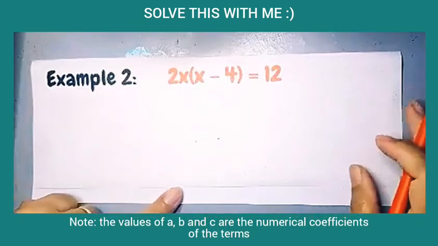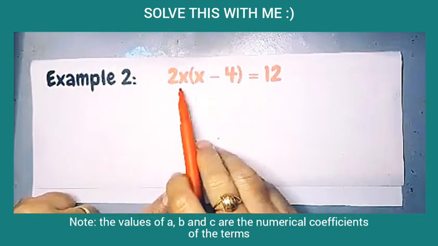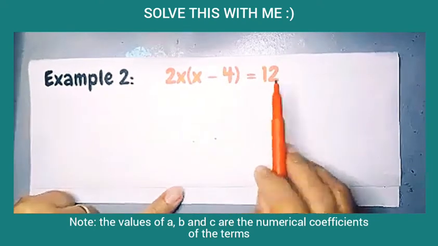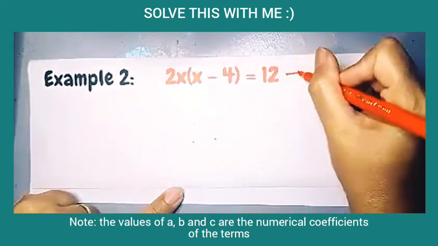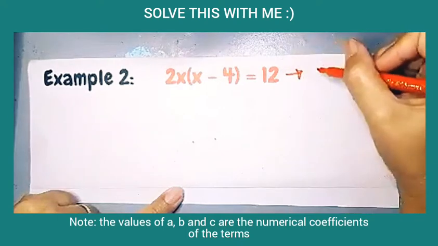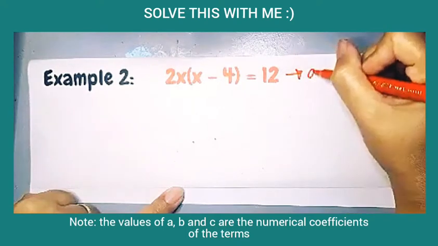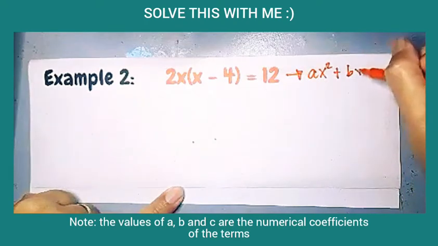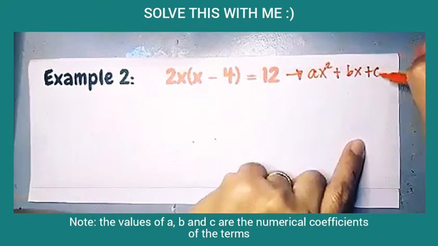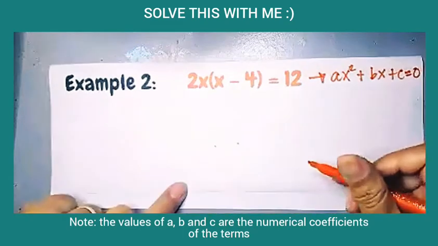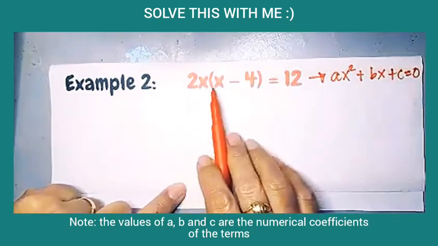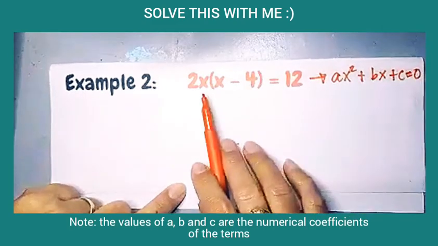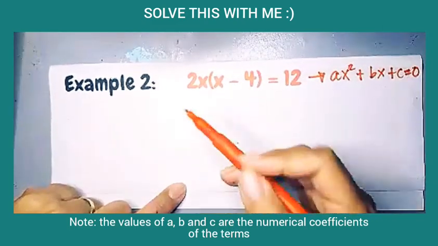Okay, for example number 2, we have 2x times the quantity of x minus 4 is equal to 12. So we aim of transforming this into the standard form: ax squared plus bx plus c is equal to 0. So we will solve this equation. The first step that we need to do is by distributive property.